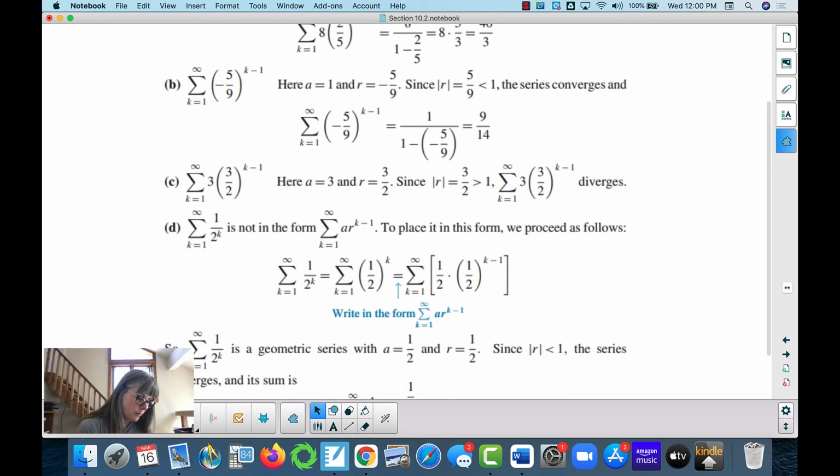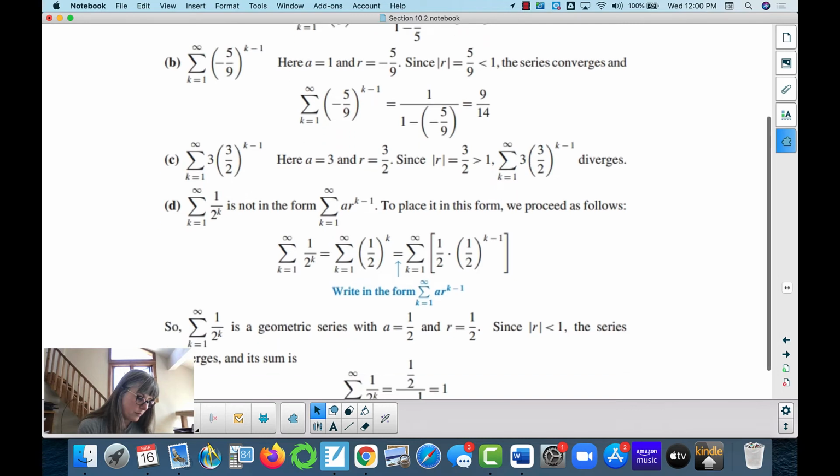If it's not in this form, you have to make it into that form. And so here we can change this to this, so 1/2 times 1/2 to the k minus 1. And then we have an r of 1/2, and so we know that that series converges.